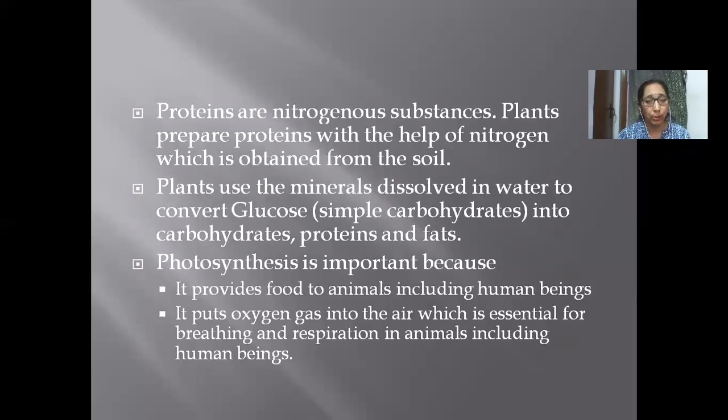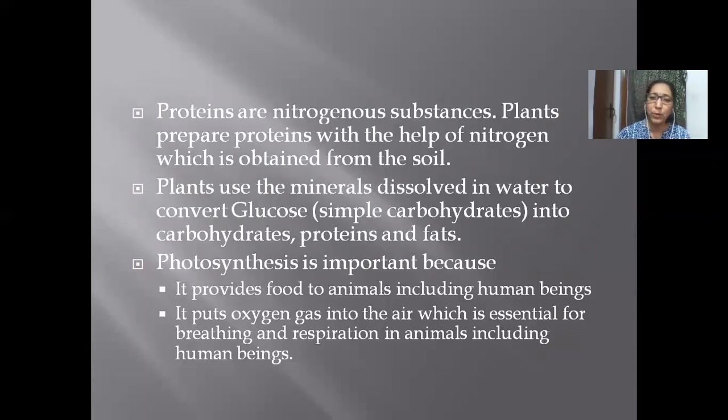They are nitrogenous substances. So plants prepare proteins with the help of nitrogen, which is obtained from the soil. Plants use the minerals dissolved in water to convert glucose into carbohydrates, proteins, and fats. So what will plants do? They make use of the minerals dissolved in water, and from glucose, the other nutrients are synthesized.